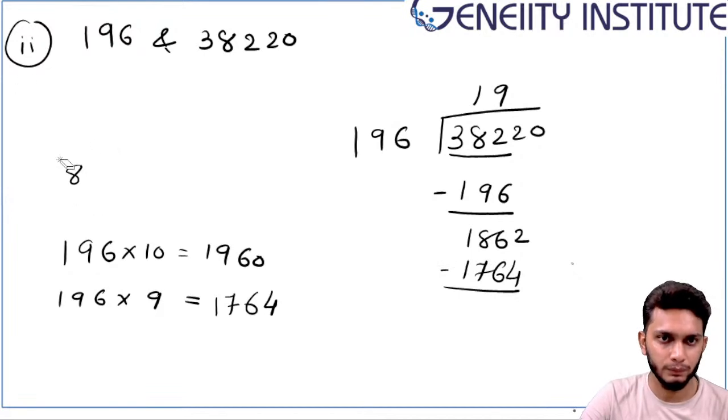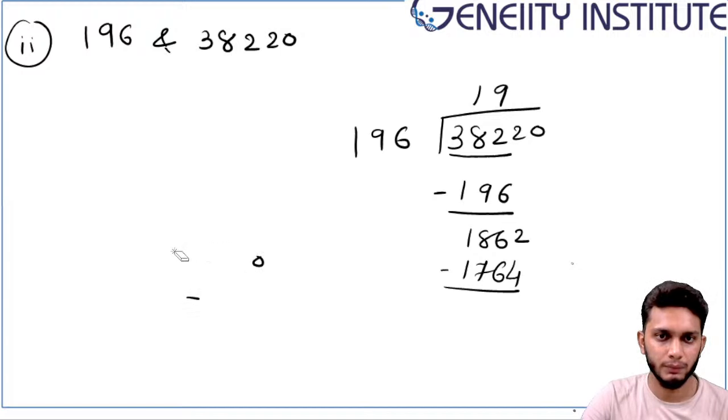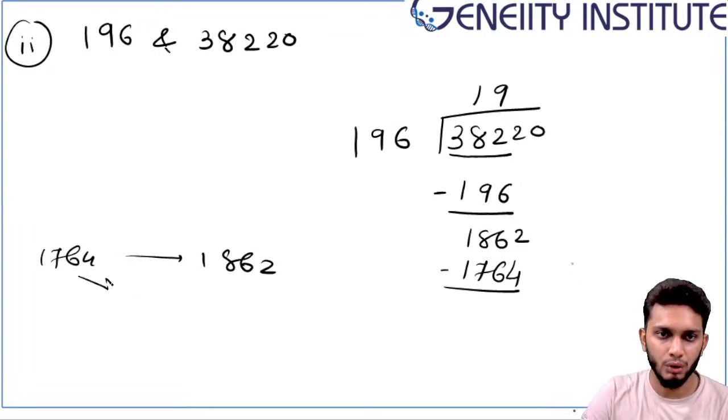Okay, now next, subtraction, same subtraction. 1764 to 1862, so 1800.